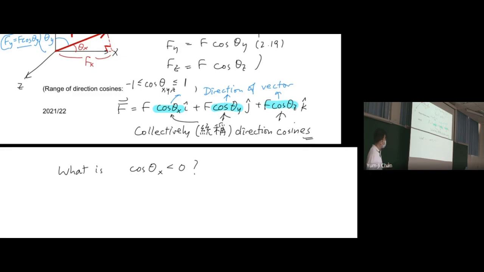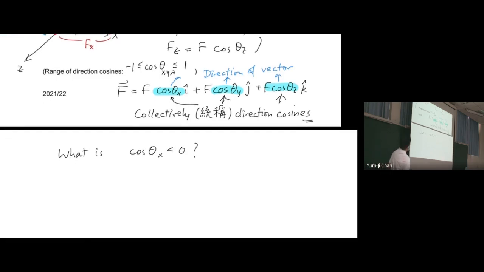Because cosine theta x, cosine theta y, and cosine theta z, the range of these three cosine values is between -1 and +1. So sometimes we have direction cosine smaller than 0.